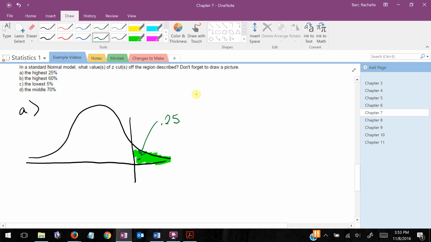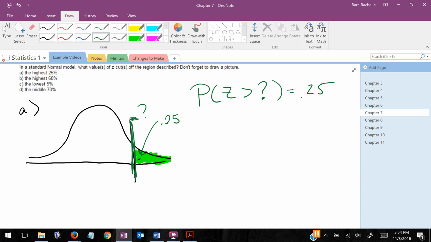So what I'm trying to do is find the score, the value, this cutoff value, so that when I look at all the z's above it, I get 0.25. Now, I'm actually going to flip the script on this since my table only does stuff to the left. Darn.